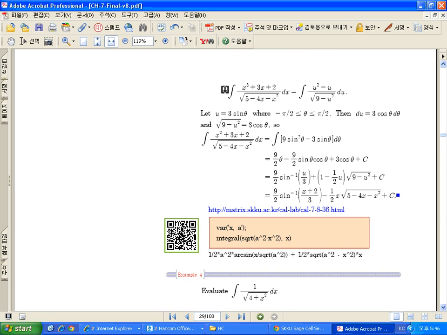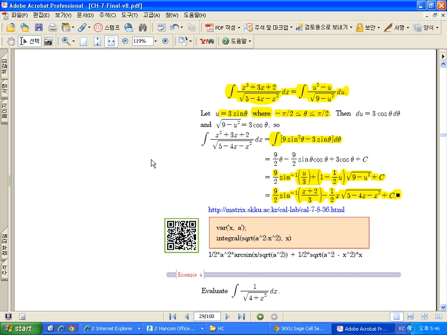So change this problem to something like this. Then do the substitution that we did before. Okay? Let u be 3 sine theta. So you do the integrations like this. Then we substitute u and then x to get the answers.